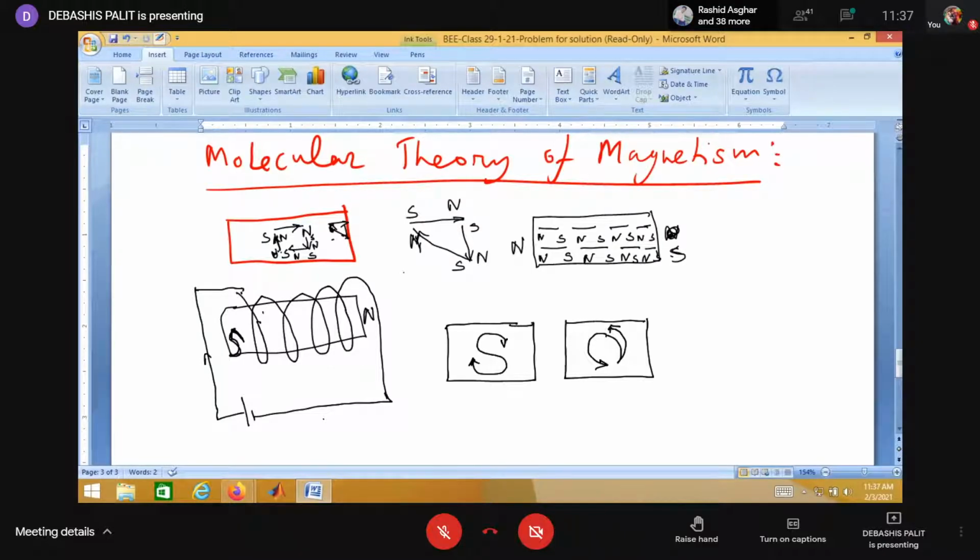In other words, you can say that paramagnetic material is very weakly magnetizable, or rather it cannot be magnetizable, just like wood-like material. You cannot get the magnetism property. You cannot inherit this magnetism property. So this molecular theory of magnetism cannot explain this.